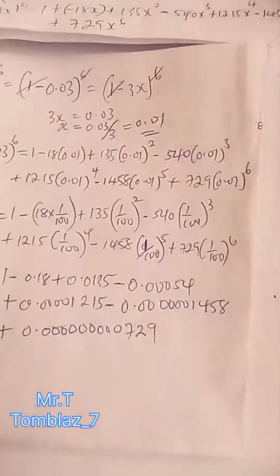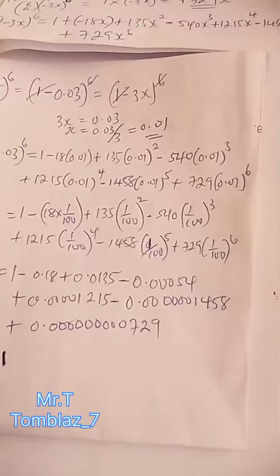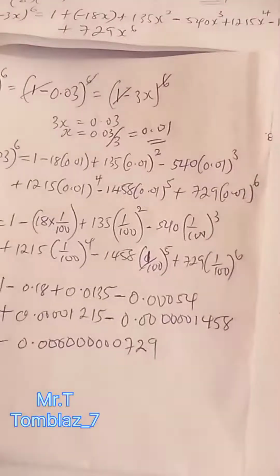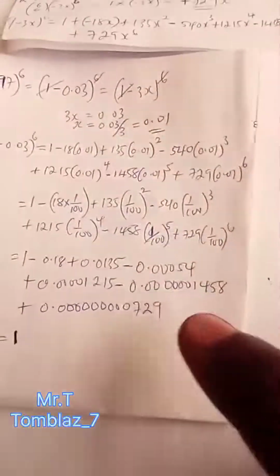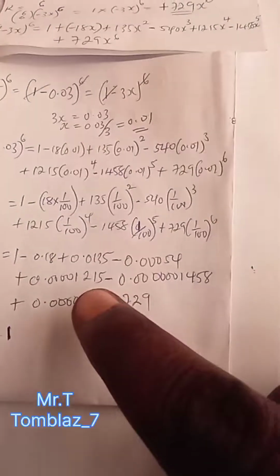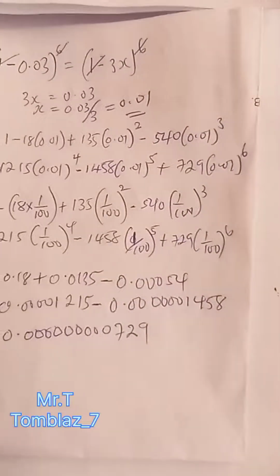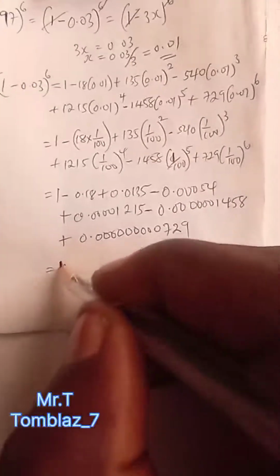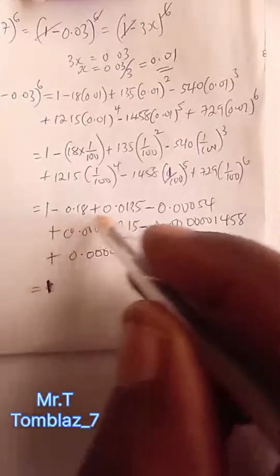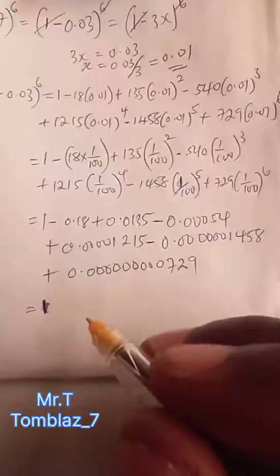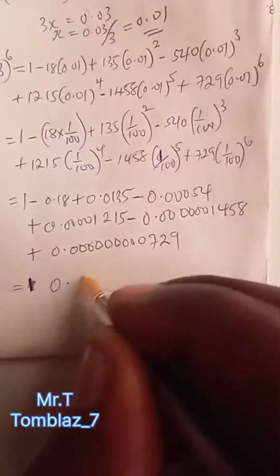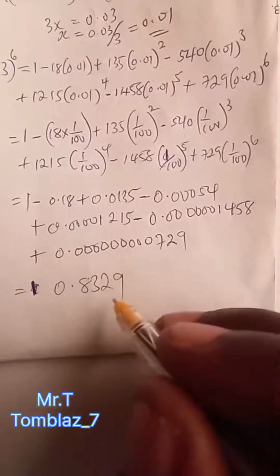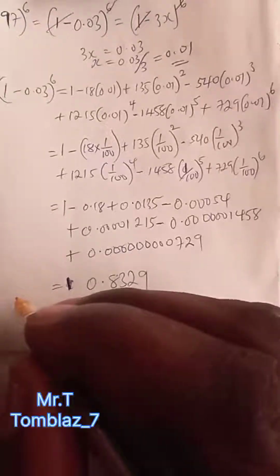How many zeros there now? 3 zeros. 1 2 3 5 4. Then minus, okay, plus again. Okay, so to avoid taking too much time, I have done everything together and I have 0.8329 as the final value.